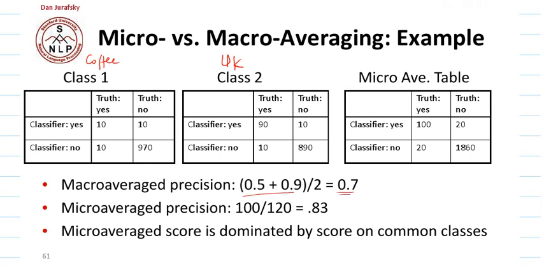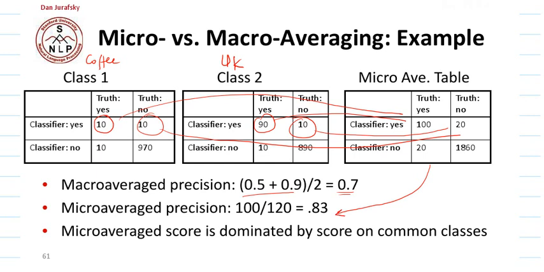But if I add the true positives like this and add all these values, I arrive at a new contingency table, and with the help of that contingency table I calculate the precision or recall. So that is micro averaged precision.